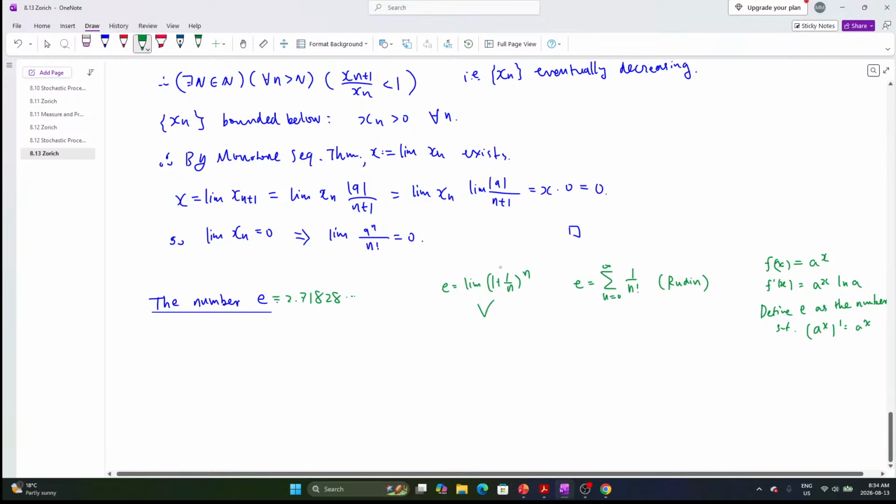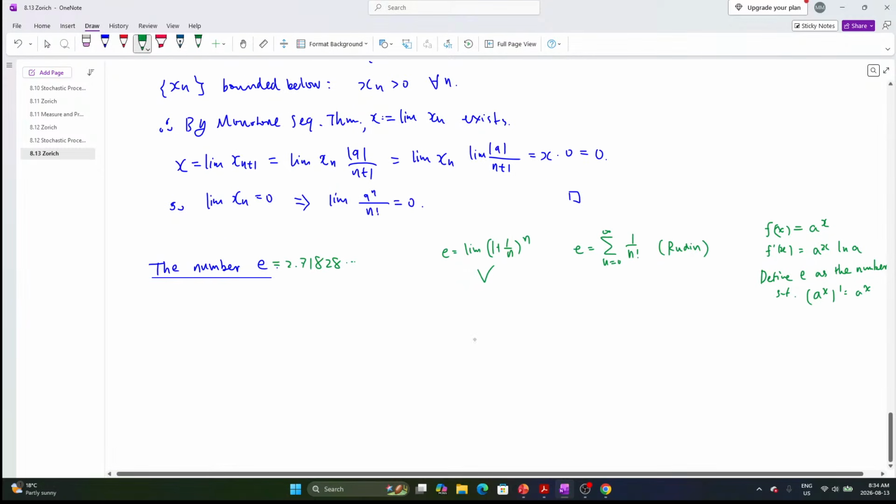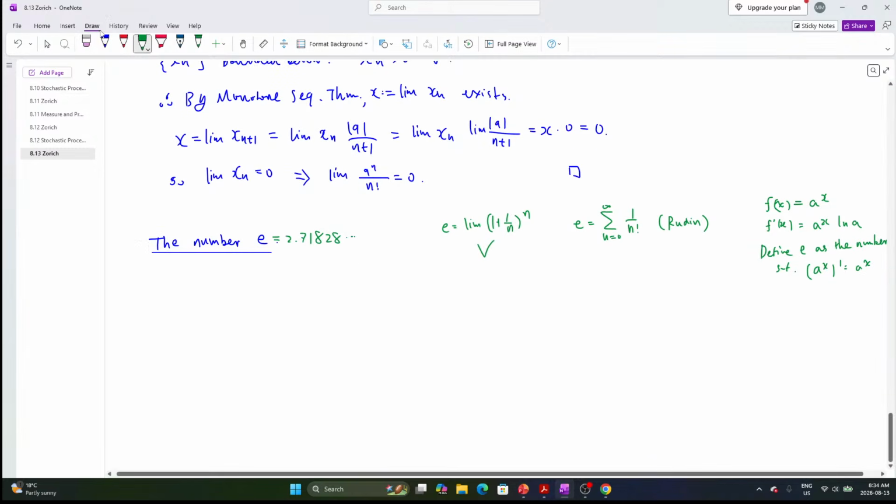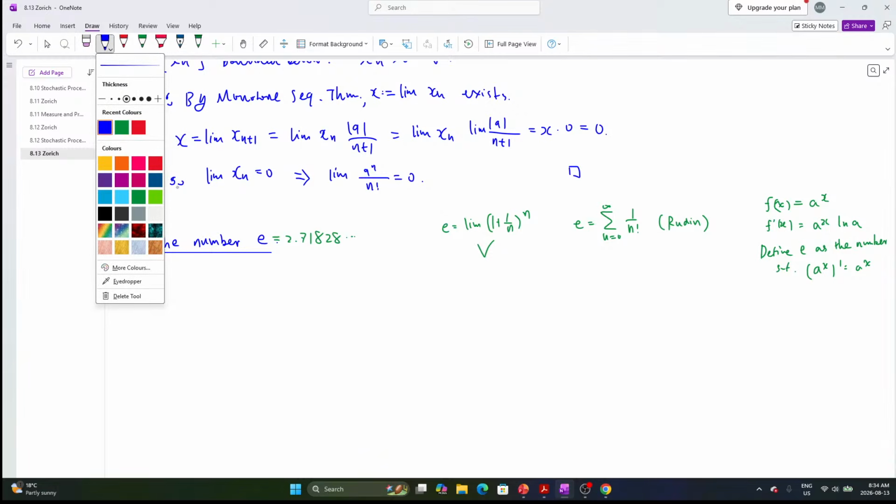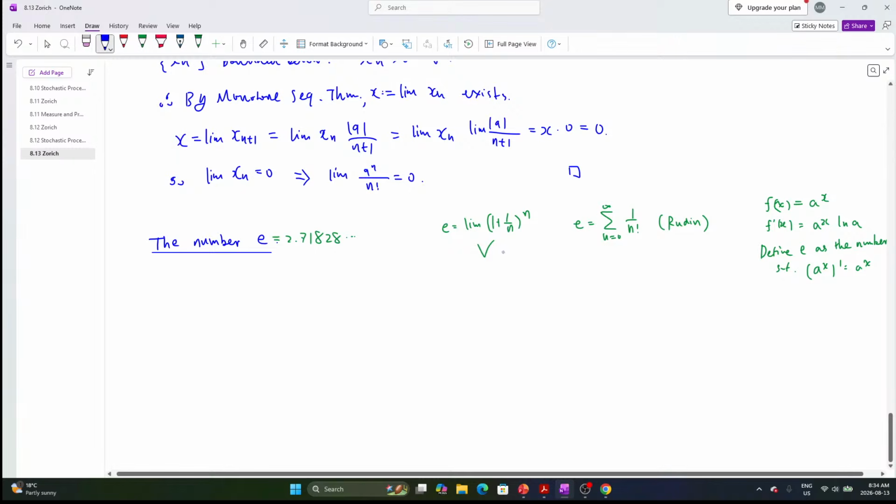Here we're taking what I call the compound interest definition, because it's related to compound interest. Before we prove this, let's see why this is connected to compound interest. I think it was due to one of the Bernoullis, for studying compound interest.